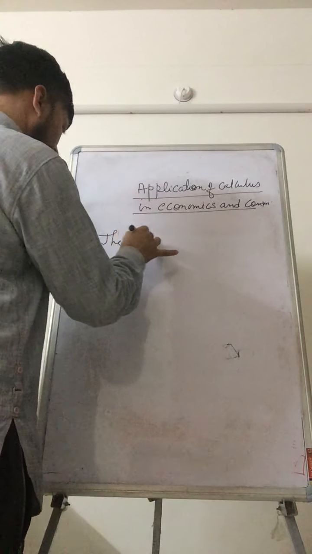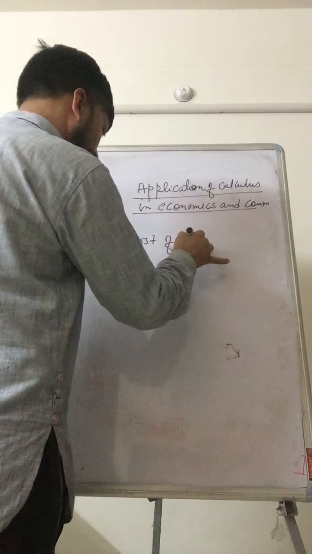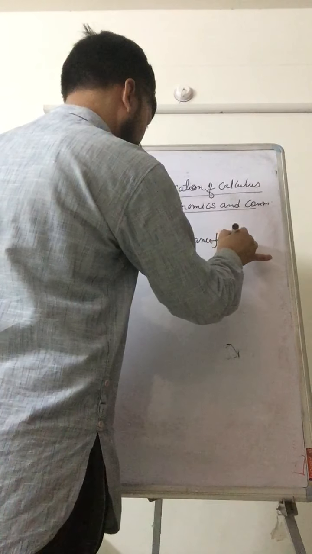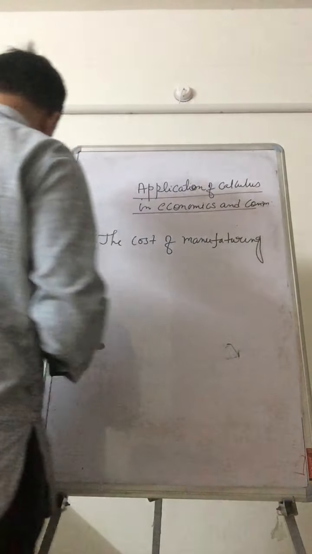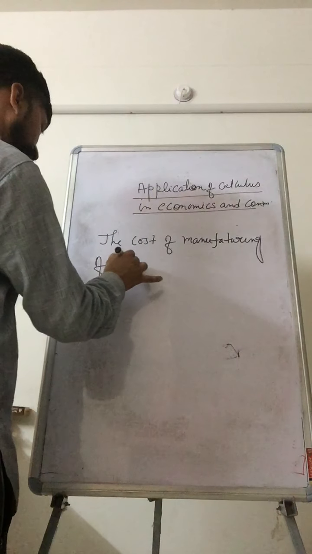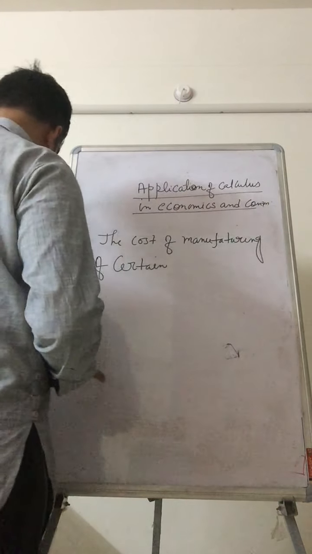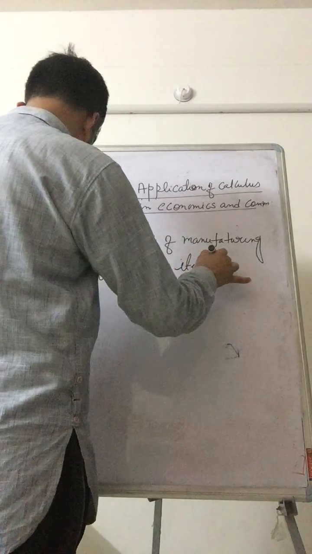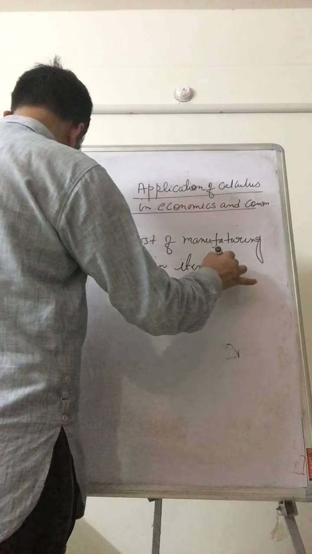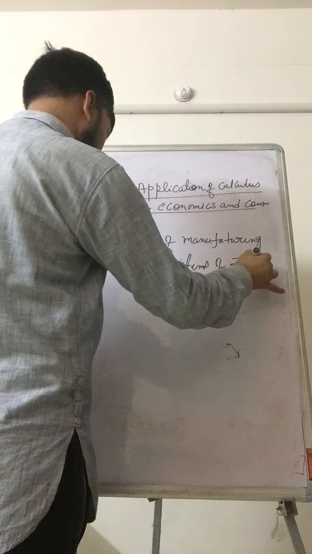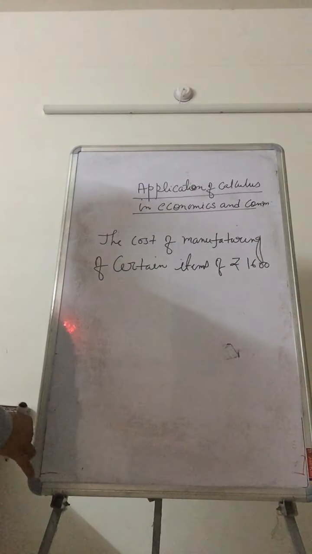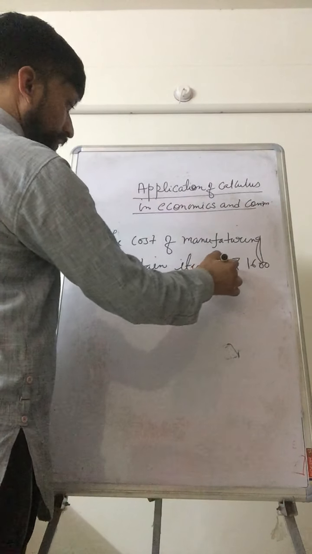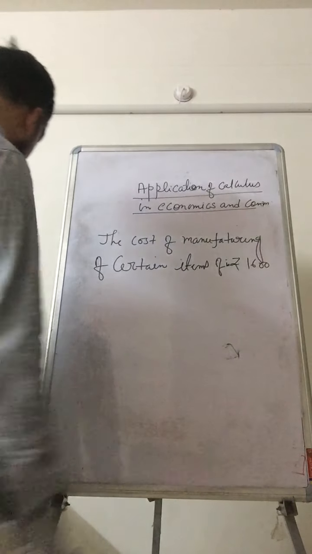The cost of manufacturing of certain articles or items of rupees 1600. The cost of manufacturing of certain item is rupees 1600.